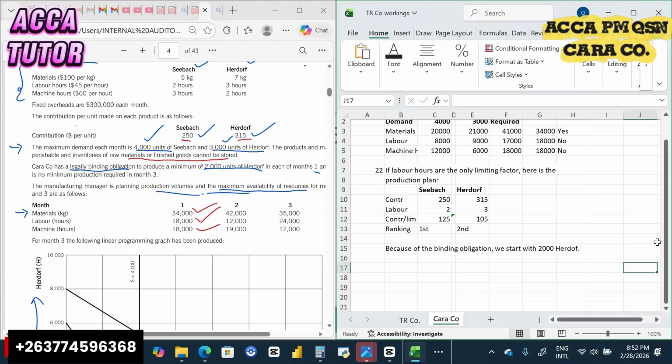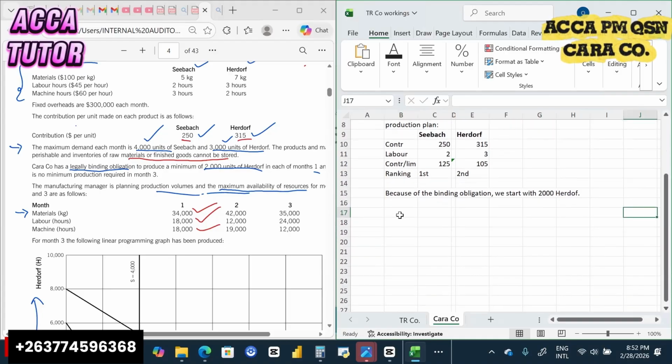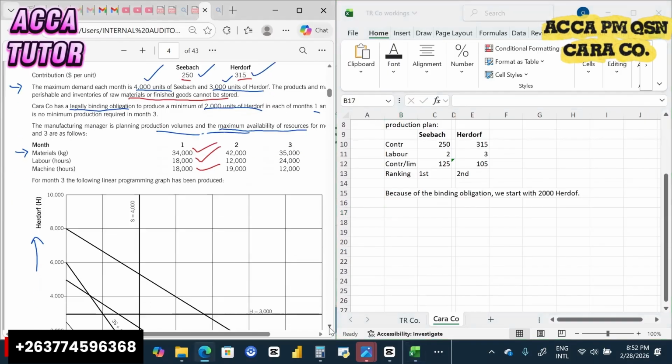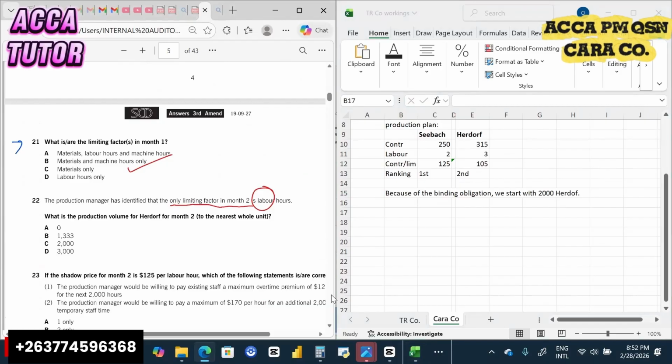Are we together? We start with what? Yes, 2,000 head off. So let's start with the 2,000 head off to see if we are going to get other additional head offs. Because the question is actually saying, how many quantities of head offs are we going to produce in month 2?